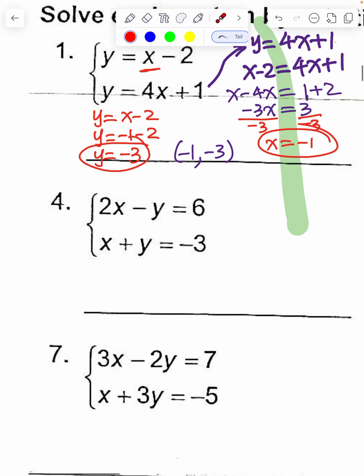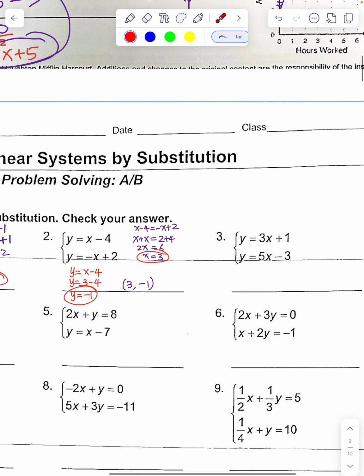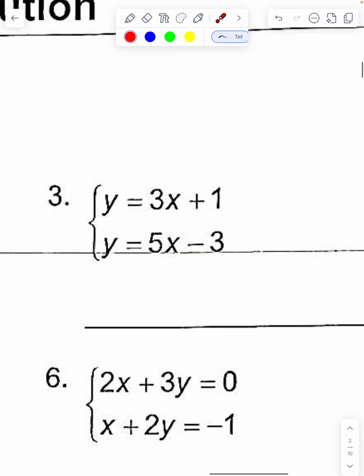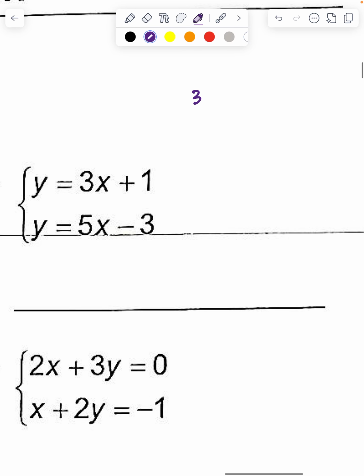Number 4. Number 2. Where's number 3? Oh, here. Number 3. For this kind of equation, on the left they both are y, so we can set them equal. So 3x plus 1 equals 5x minus 3.